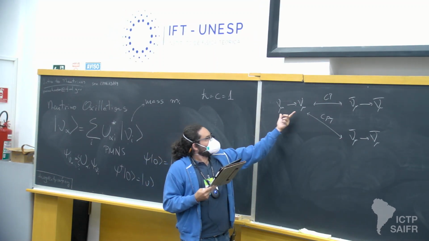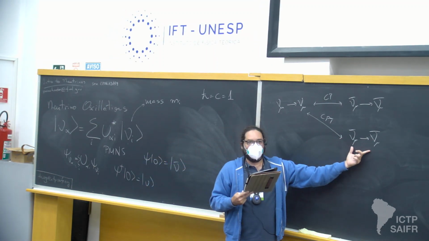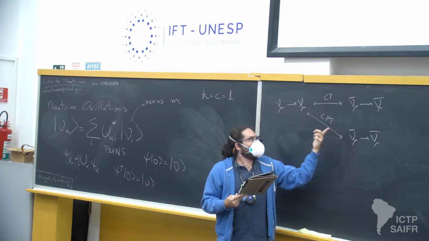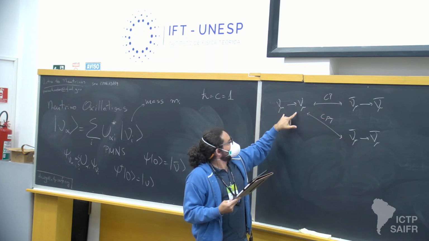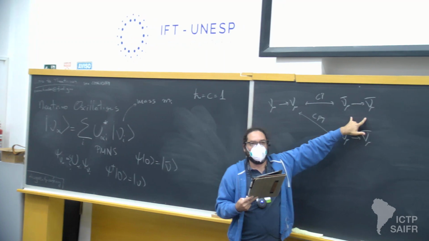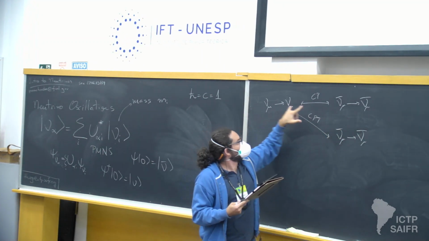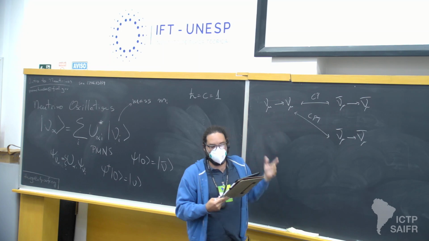And CPT tells you that this is equal to that, which means that these probabilities are the same. But CP also says that this is equal to that. So there is no CP violation. There cannot be CP violation in this observable.